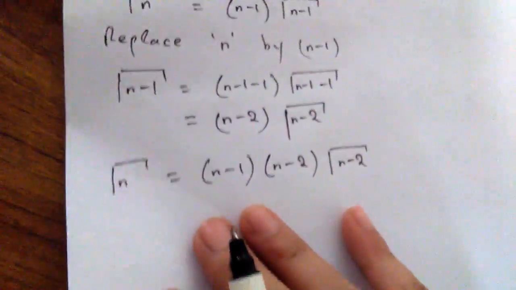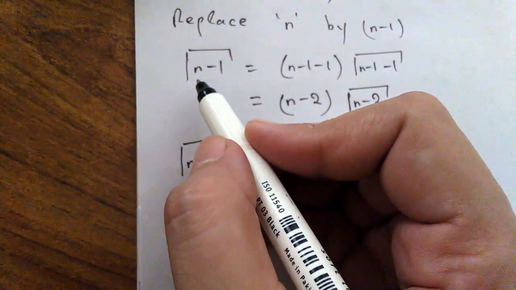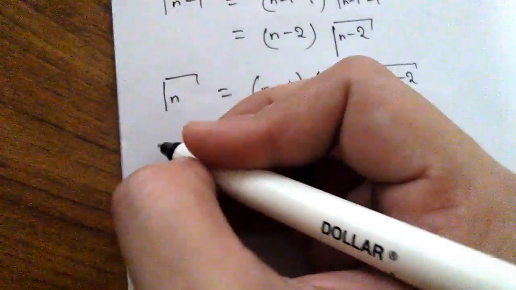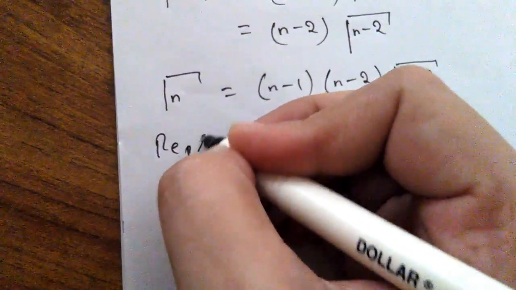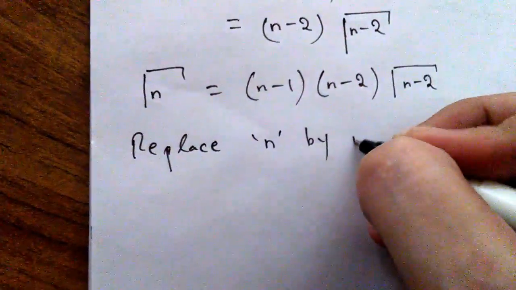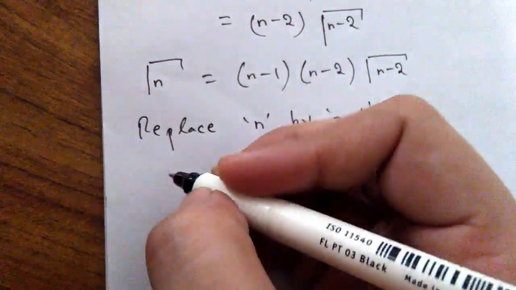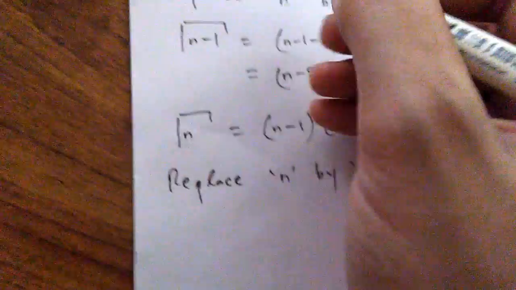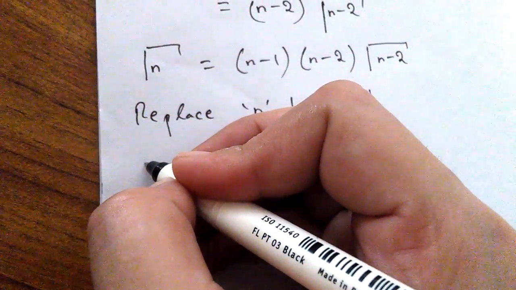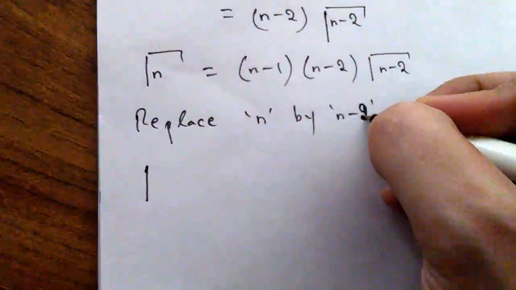Now once again, when you replace your n by n minus 1, you're now going to have n minus 2, and this thing is going to give you n minus 3. So once again, replace n by n minus 2.